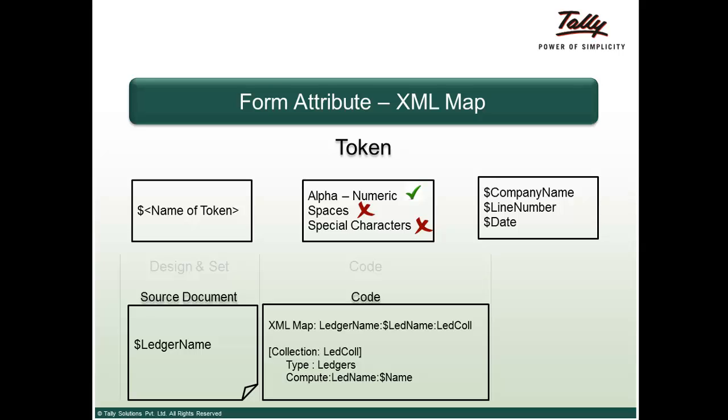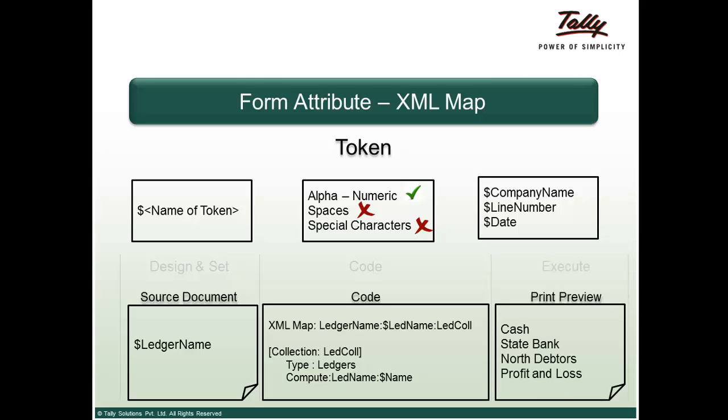So, the system creates as many rows as the number of objects present in the collection LedCol in the printed document. Considering 4 ledgers present in the company, the print preview gives the output shown.